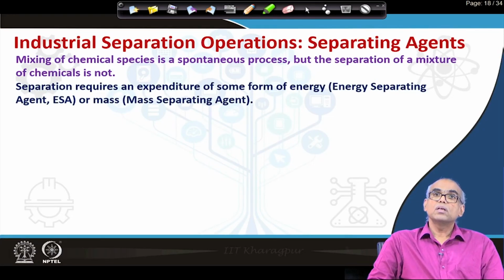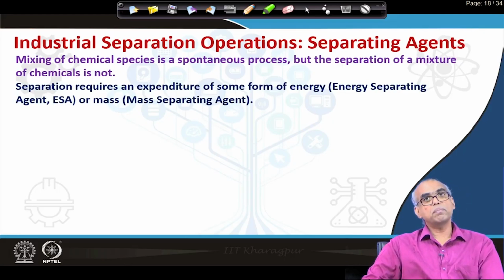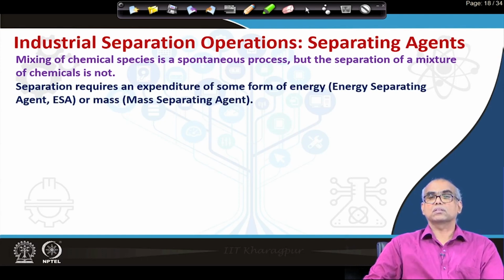So, when you use some form of energy, we call it energy separating agent, and when you use mass, we will call it mass separating agent. So, energy separating agent or mass separating agent is required to cause a separation.